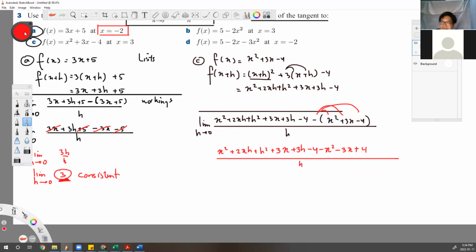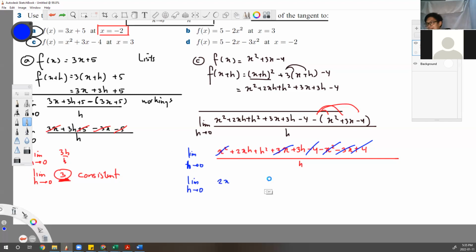And cross out what you can. Mostly you can cross out everything inside the bracket, but most of the time, not always. And then what is remaining is 2xh.